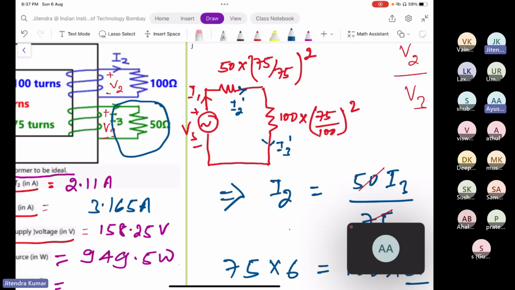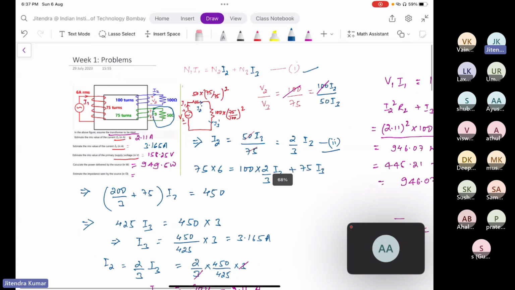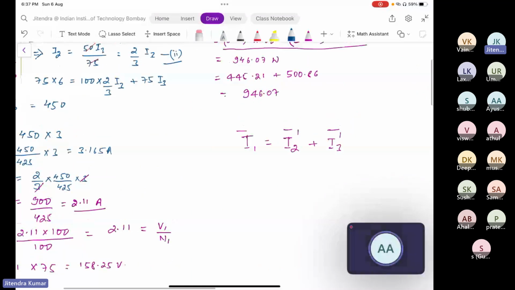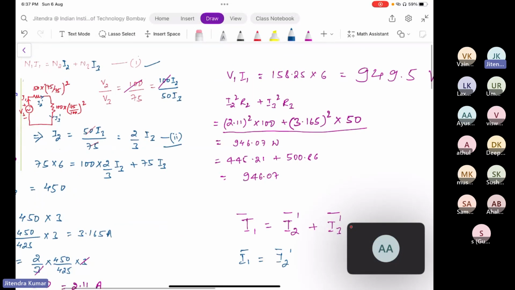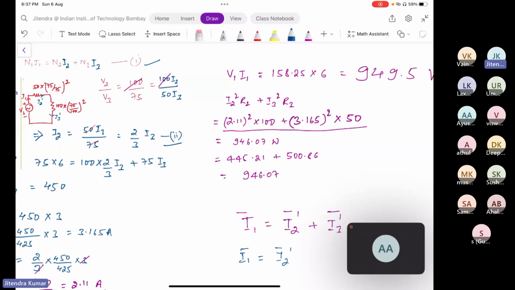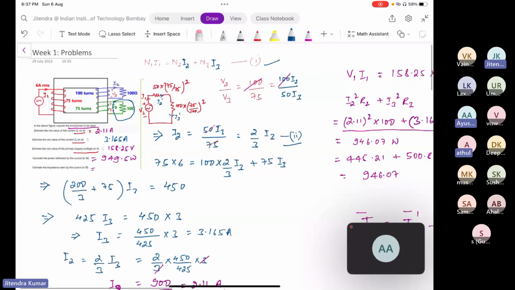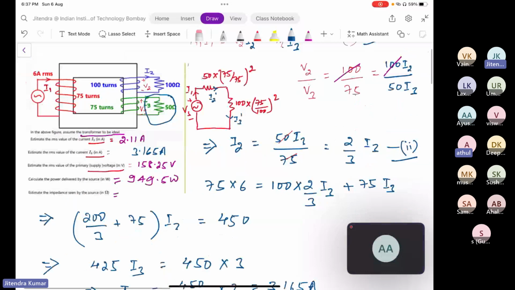So you can equate I1 equal to I2 dash, equal to I3 dash. Did you get my point? Sir, are the tertiary and secondary windings connected in series? No, sir, they are different windings and are not connected in series. We are simplifying our calculation by connecting them in series.